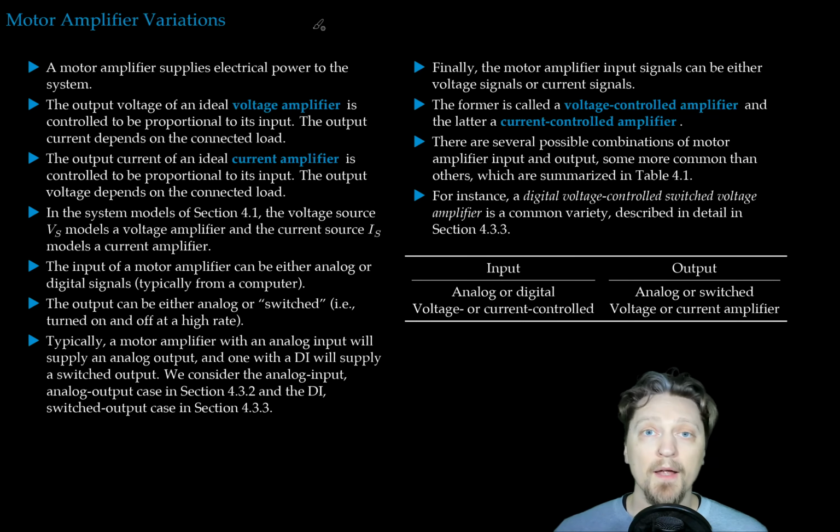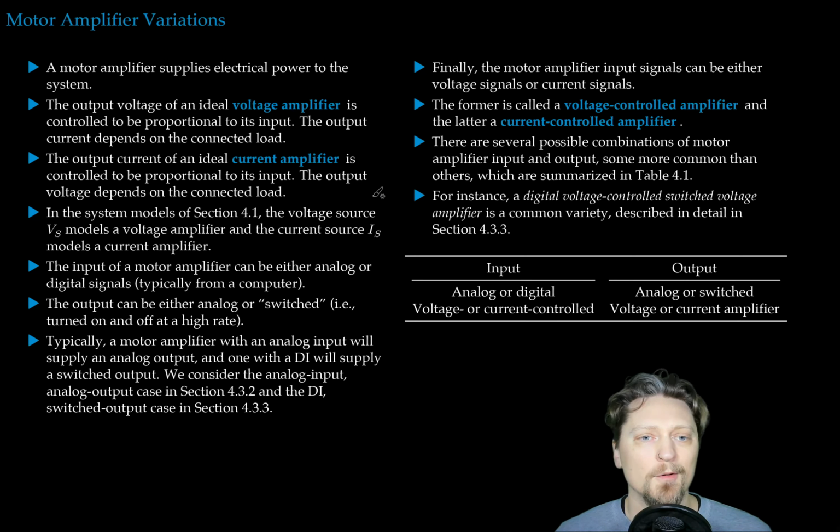Okay, so that is the typical configuration of a motor amplifier, a controlling computer, and a power supply for the amplifier. Motor amplifier variations. A motor amplifier supplies electrical power to the system. The output voltage of an ideal voltage amplifier is controlled to be proportional to its input. The output current depends on the connected load. The output current of an ideal current amplifier is controlled to be proportional to its input.